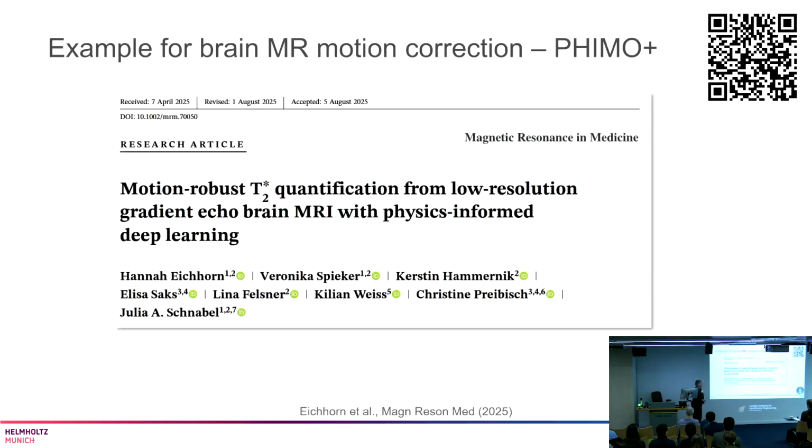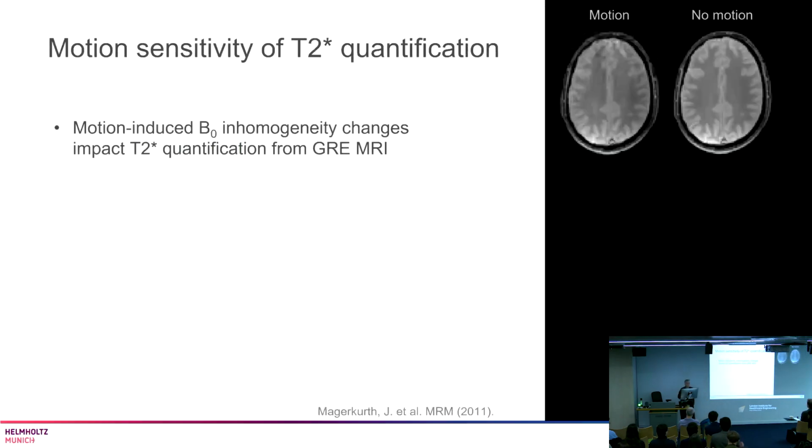So we came up with something which was published last year in MRM. We worked on BOLD imaging for stroke, where we really have the problem of having low resolution images for T2 star quantification. So we have these gradient echo brain images, and we added some physics-informed deep learning. So rather than just doing deep learning statistically, we also try to inject some knowledge of the underlying MR physics.